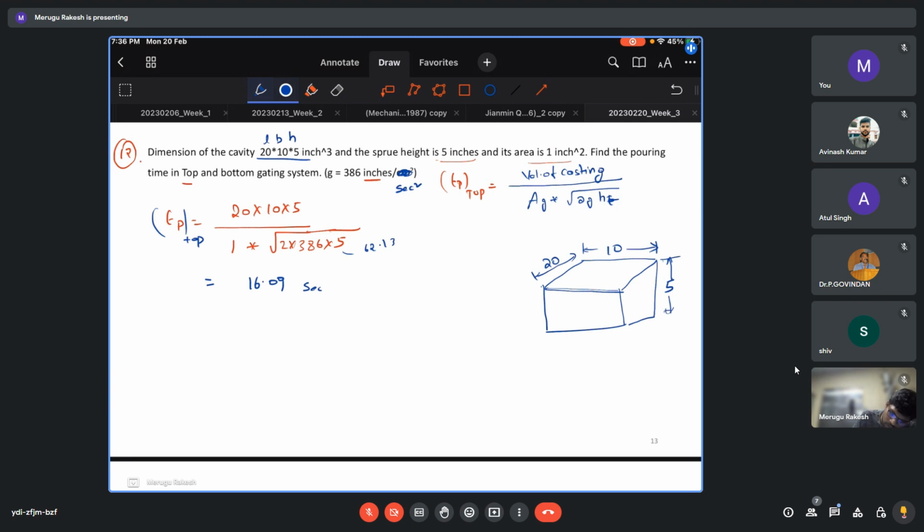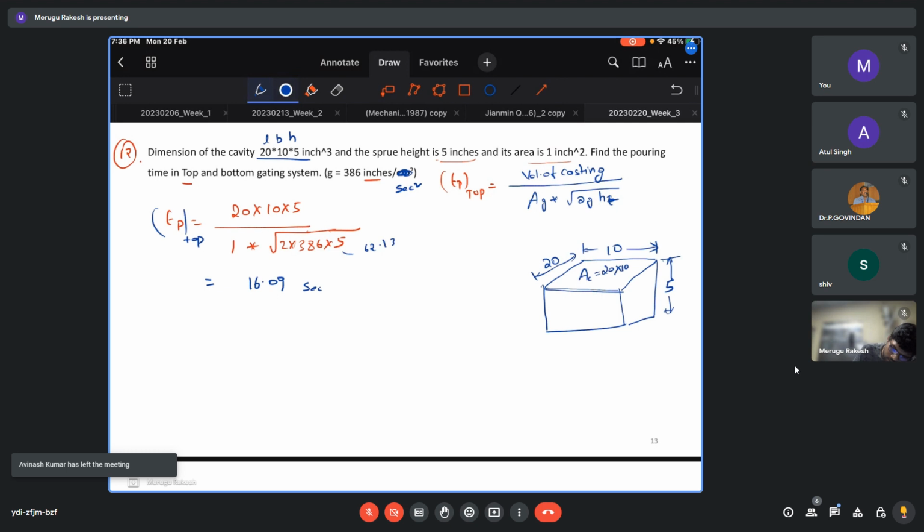We are doing this because we need the area of the cast, that is 20 into 10 inch square in this case. Now we have the screw height, that is nothing but 5, and its area.